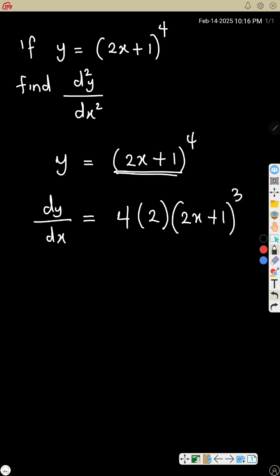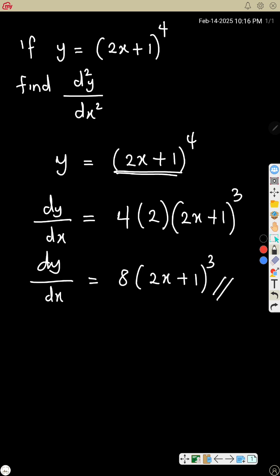Then subtract 1 from the power. I've done this in video 3, so you can watch again. So now dy over dx is equal to 4 times 2, 8. That is 8 bracket 2x plus 1 raised to power 3. So this should be the answer for dy over dx.